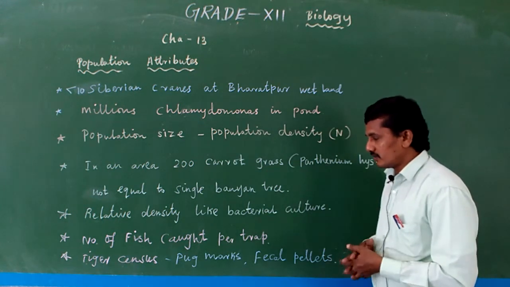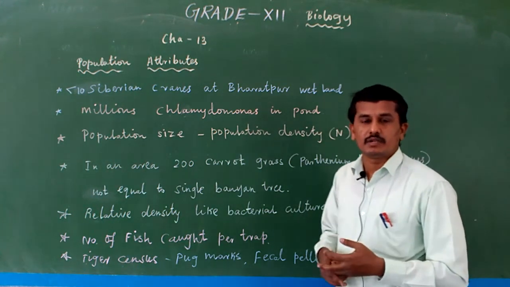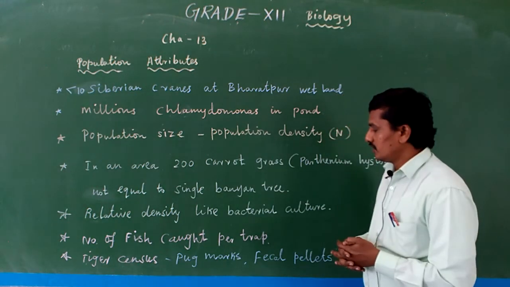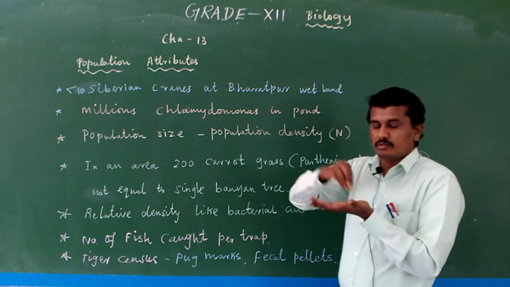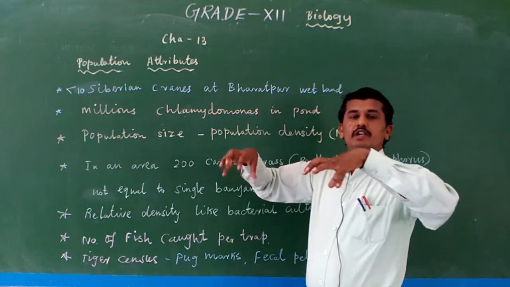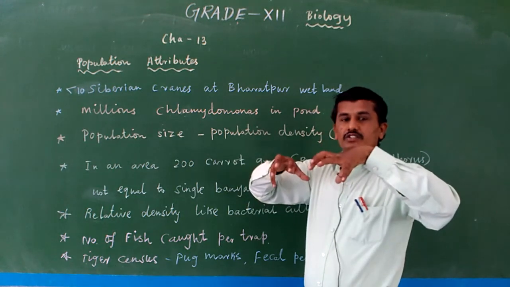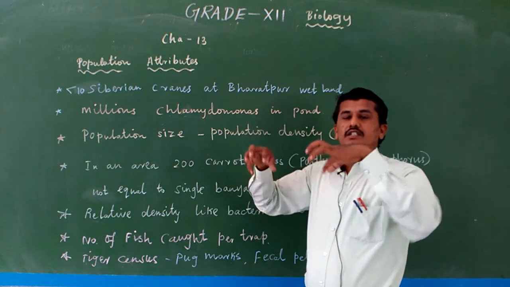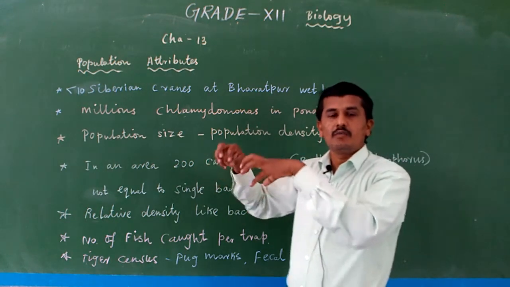In some other cases, such as tiger census in our national parks and other reserves, biosphere reserves, we use pug marks. Pug marks means the leg marks. We count how many tigers from how many large pug marks. This is the mother, father, then a young one, and how many legs are present.